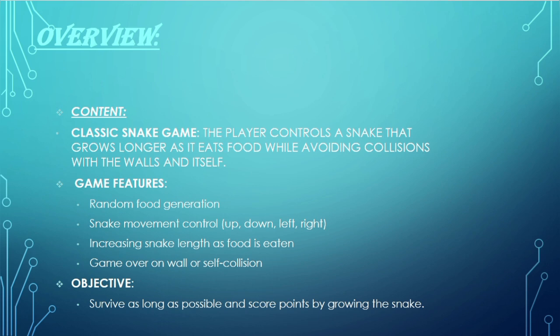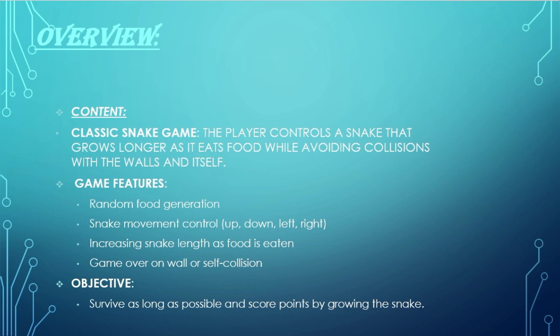Hello everyone, myself Aman Pathak, and we present the overview of this program. The content of this program is the classic snake game. The player controls a snake that grows longer as it eats food while avoiding collision with the walls and itself.